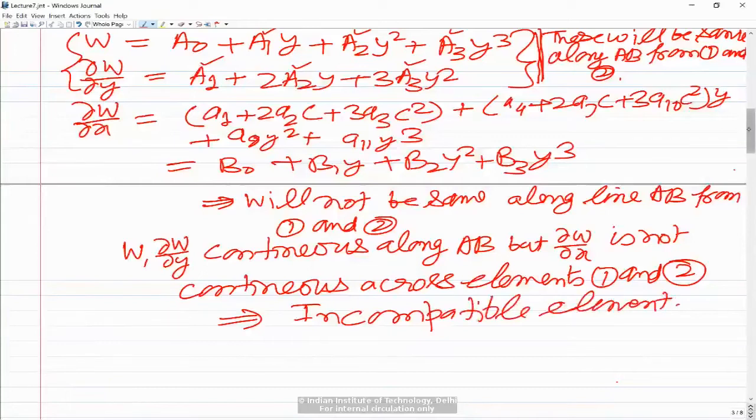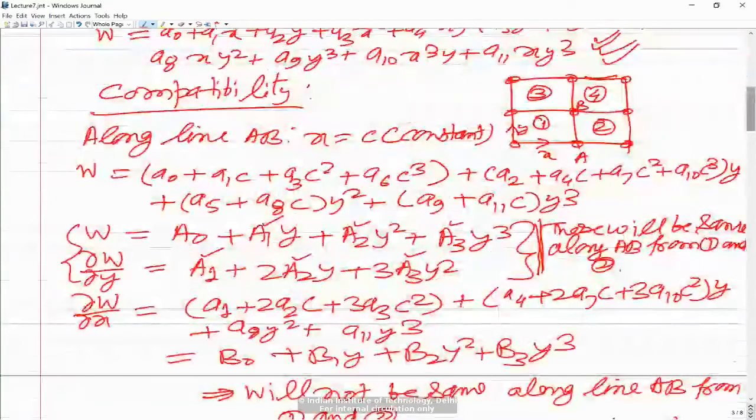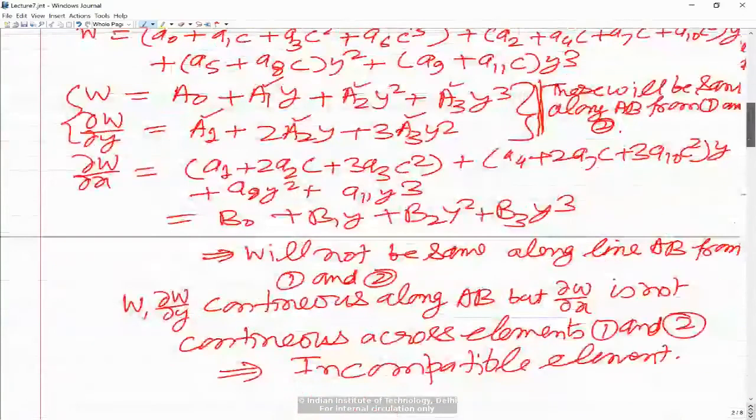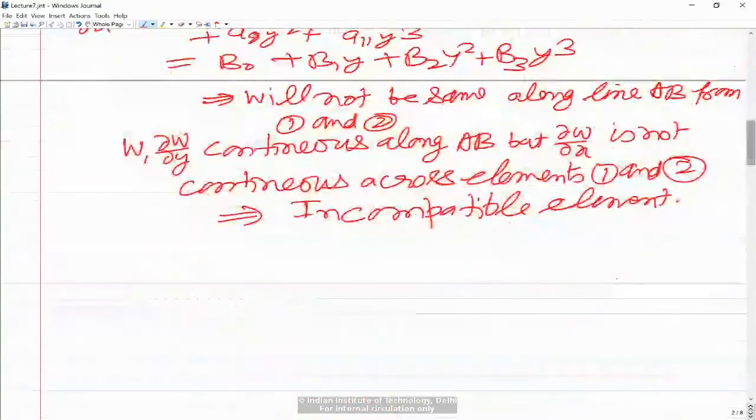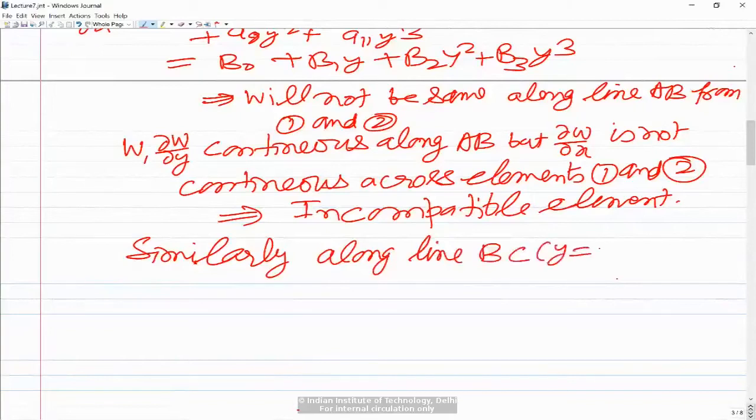So now similarly, if you take a line element having, say, y equal to constant, let us say line BC between elements 2 and 4. Along line BC, y is equal to constant.